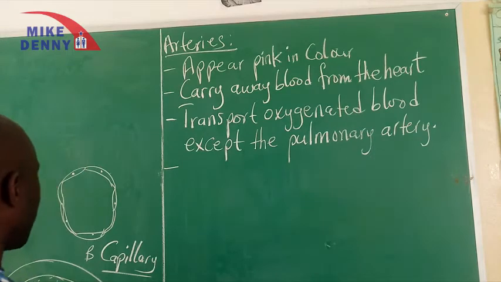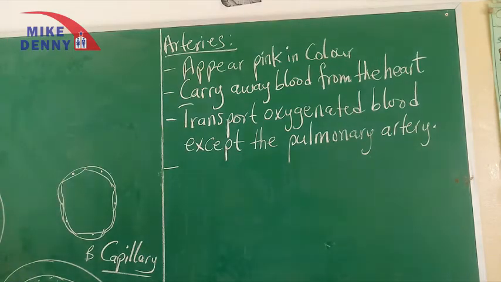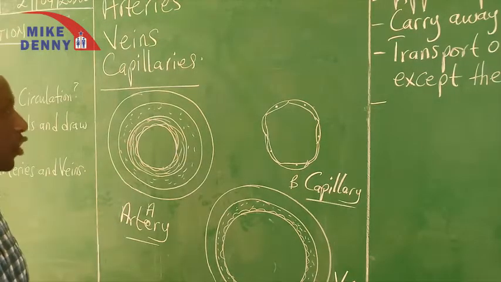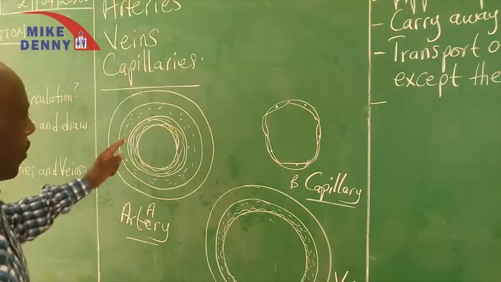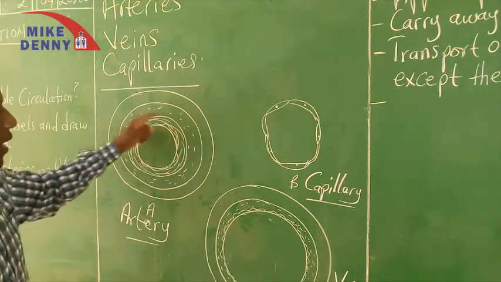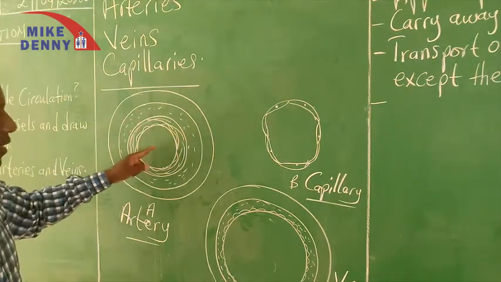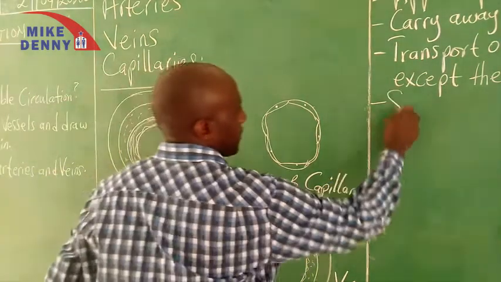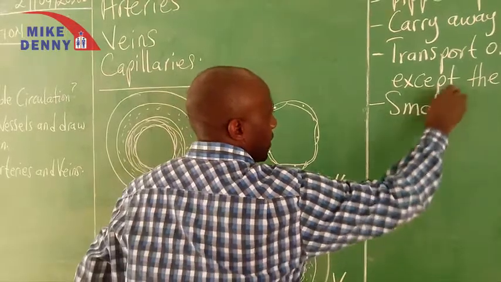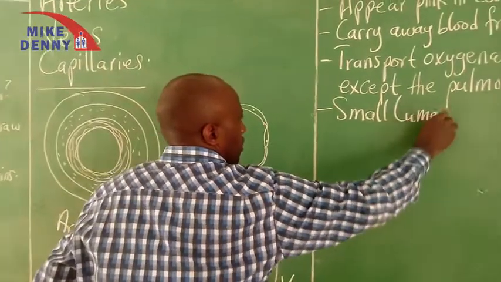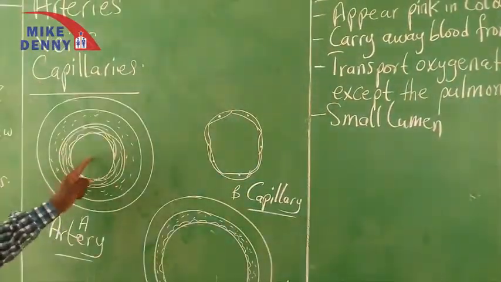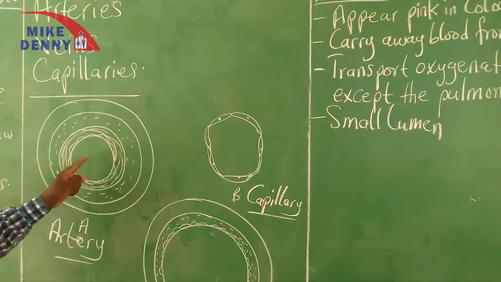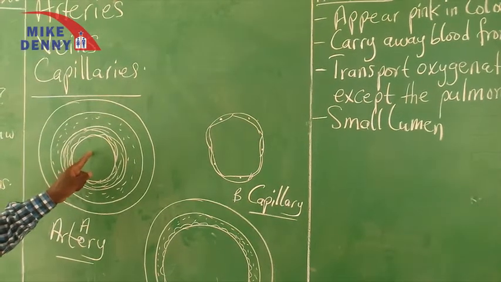Then, looking at the structure of the artery, the description of an artery, you can say here that an artery has a small lumen. Small lumen. If you look at this lumen, what is lumen?